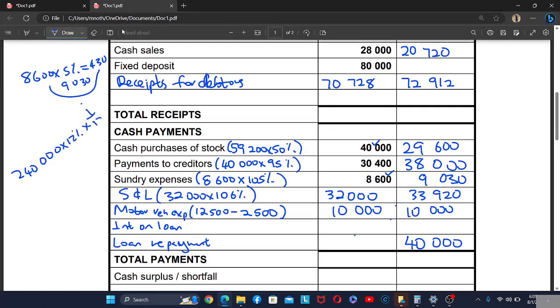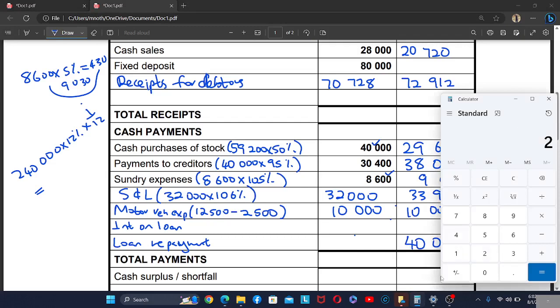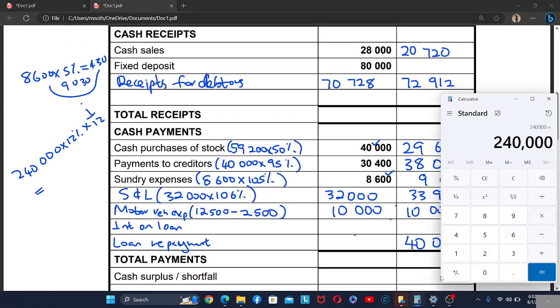Multiply by 1 over 12 because we're calculating for September. 240,000 multiplied by 12%, multiplied by 1 divided by 12, it is going to be 2,400.